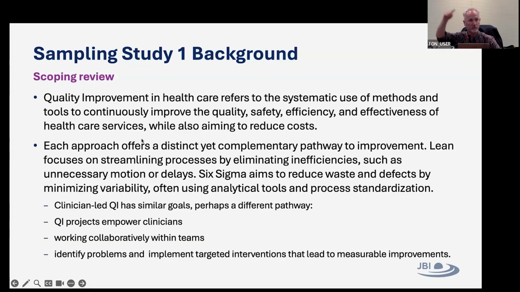The goal is to improve quality. Sometimes costs may come down, but sometimes and commonly costs will go up, but quality goes up as well. And each of these things is different yet complementary in terms of the capacity to contribute to improvement. And so that's helpful. You might be familiar with some other methods as well.